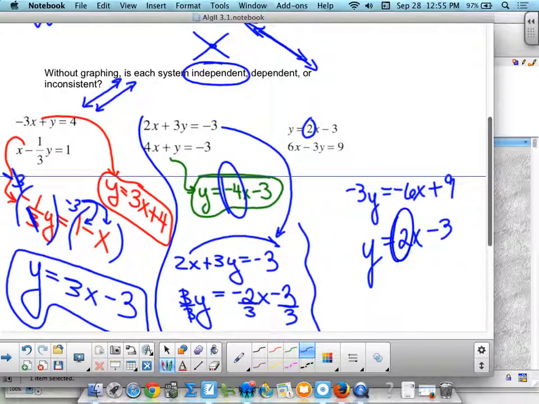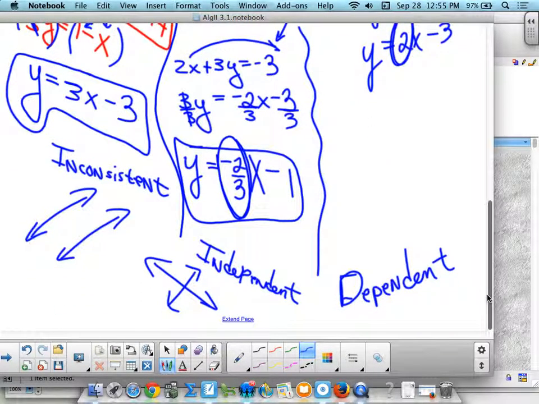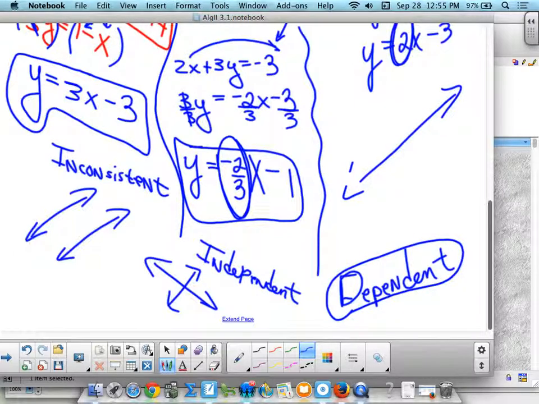You see it, guys? Slope is 2, right? Y-intercept is -3. Same slope, same y-intercept, same line. That's why we go with dependent. That'd be this line, followed by the same line right on top of it.